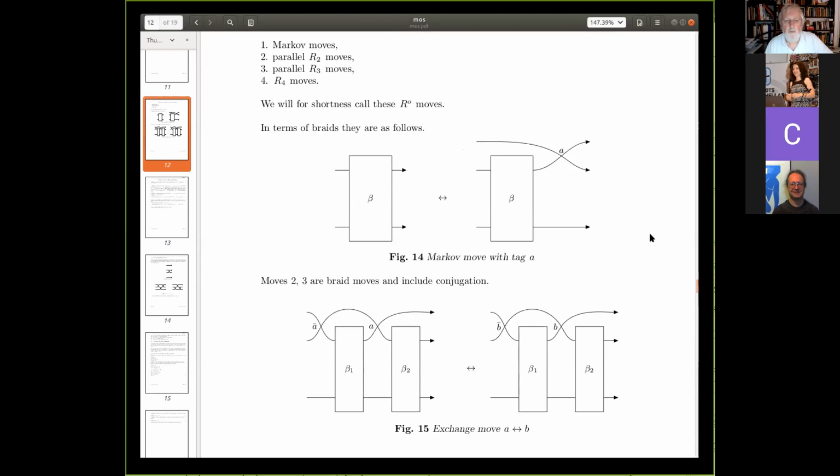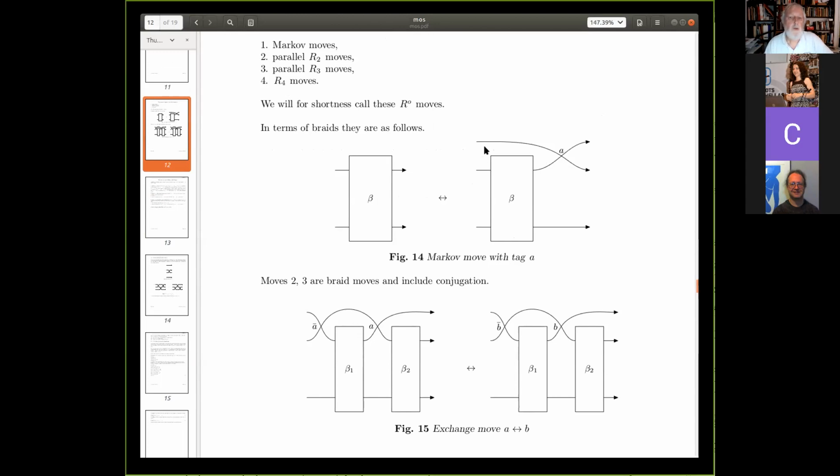So we took the strand and saw the braid from top to bottom. We took the strand to the right of the braid beta in figure 14. We could have taken the strand to be on the left of beta as well. If I write it algebraically, I can have right stabilization and left stabilization.